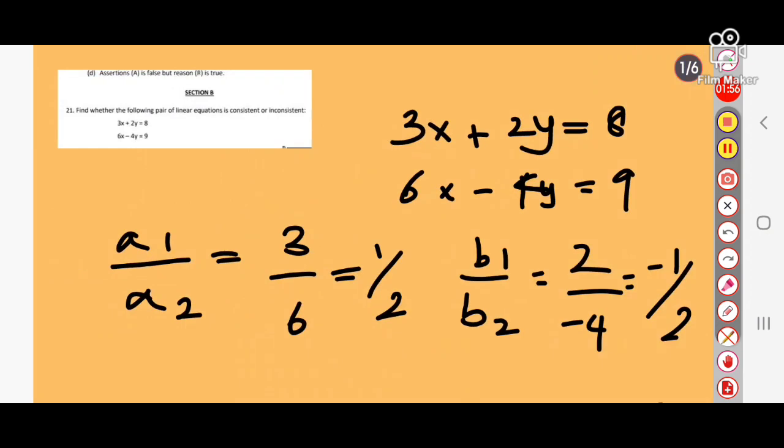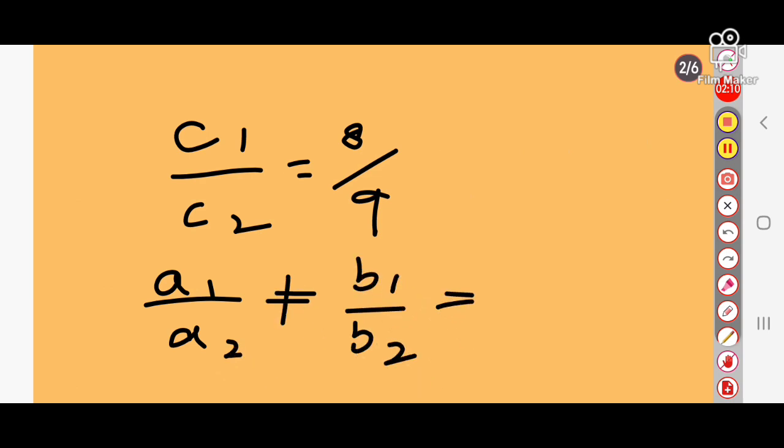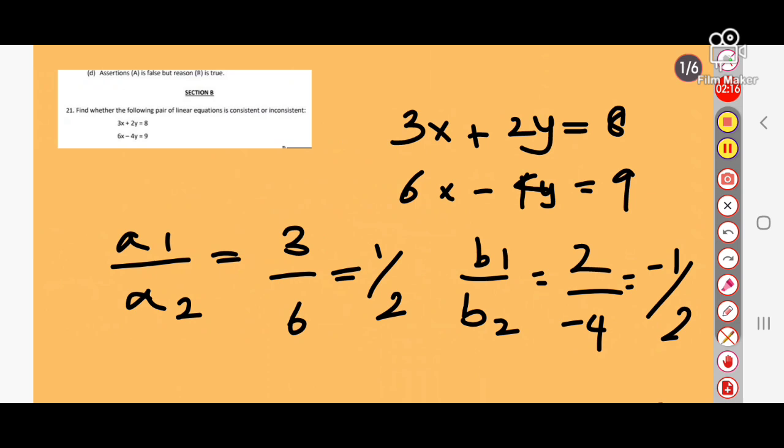So a1 by a2 is not equal to b1 by b2, which is not equal to c1 by c2, is what we got by simplifying. Because 8 by 9, minus 1 by 2 and 1 by 2, all three are not the same.